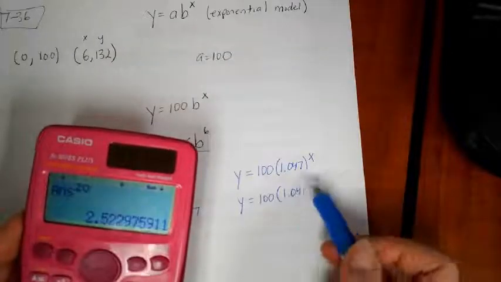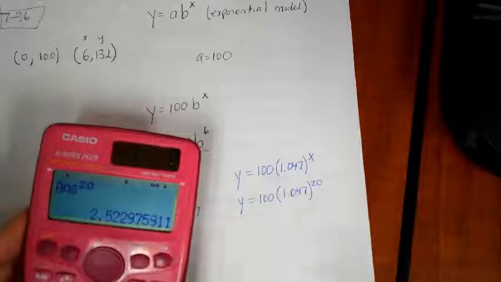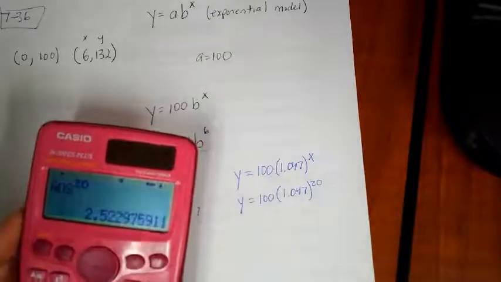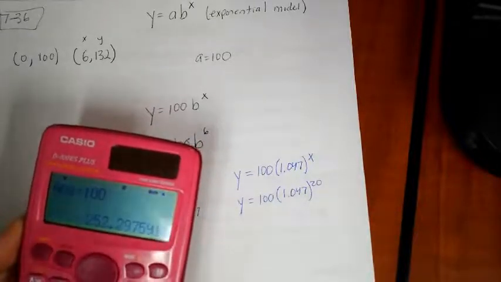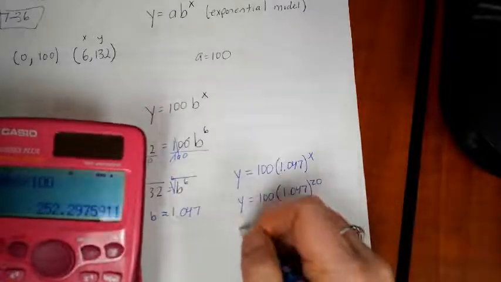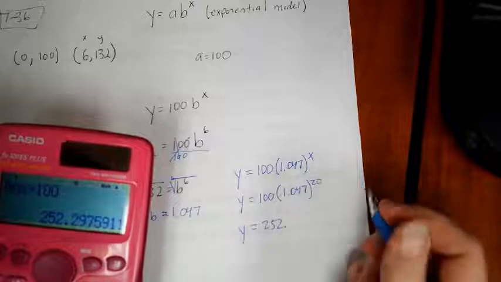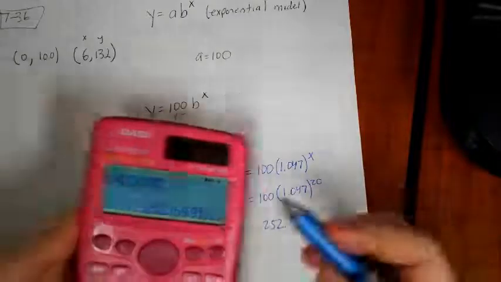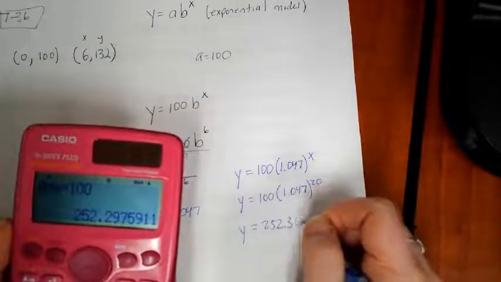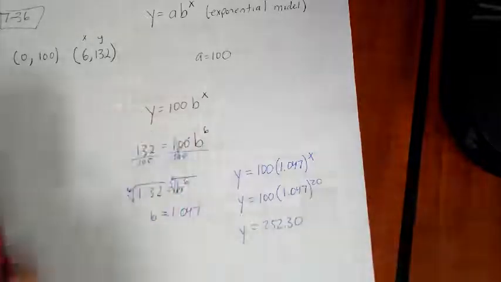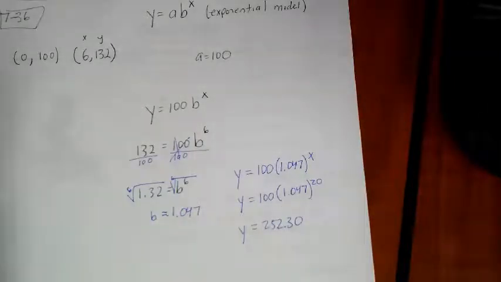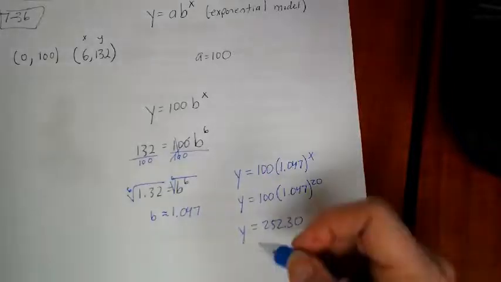And then that gave me this number you see on the calculator, and then I multiply it by 100. And I got that really there's only going to be $252, and we would round that to 30 cents in the account. And I'm going to check that and make sure that's right.